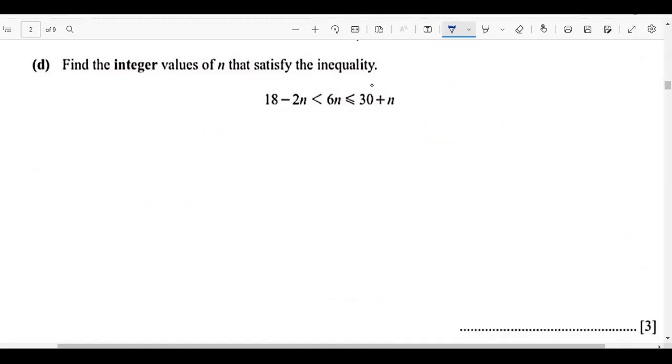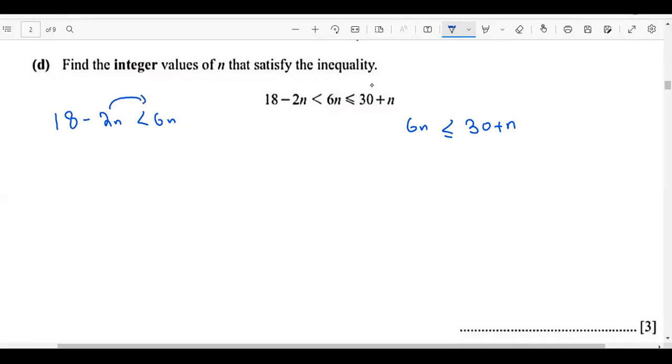So I need to find the values of n which satisfy this inequality. All right, let's write this inequality in two parts: 18 minus 2n less than 6n, and then 6n less than or equal to 30 plus n. So I've separated this into two inequalities.